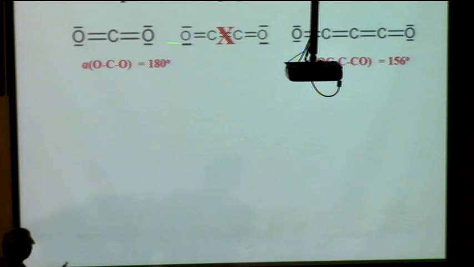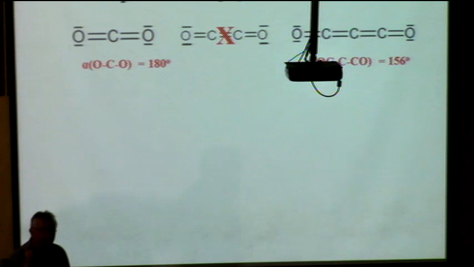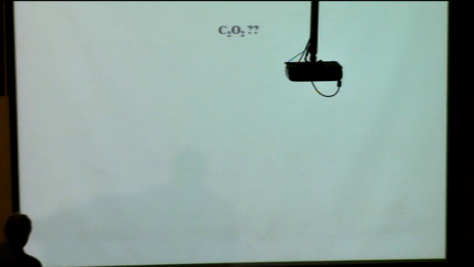Let's go back and see how those 2 types of bonding models can be used to explain it. If we start with C2O2, which does not exist at all, and form it in such a way, the classical Lewis structure with electron sharing bonds, then we have 2 unpaired electrons and 2 unpaired electrons.